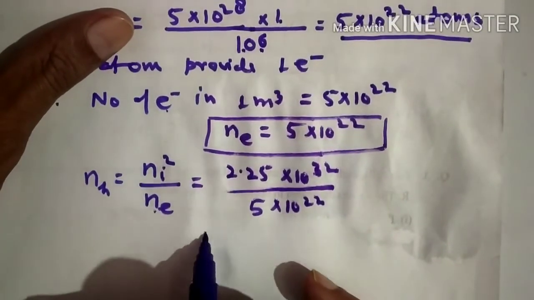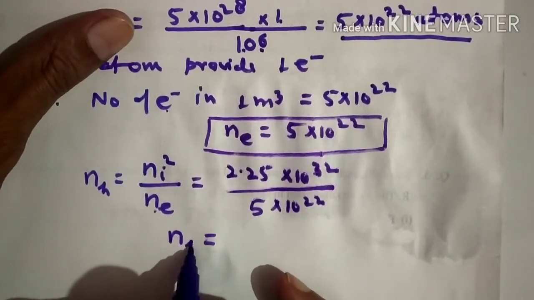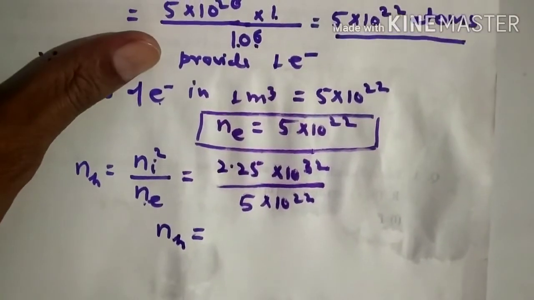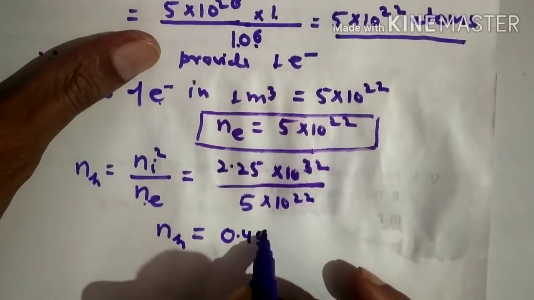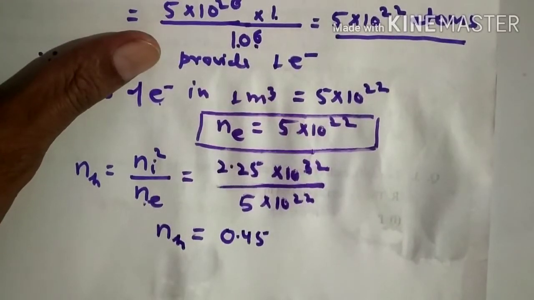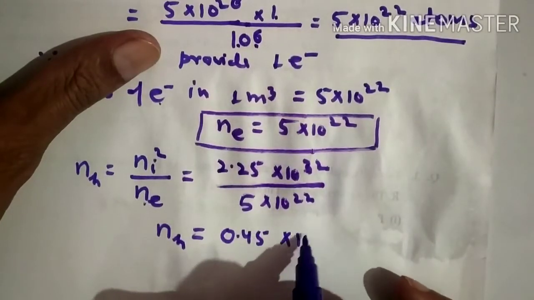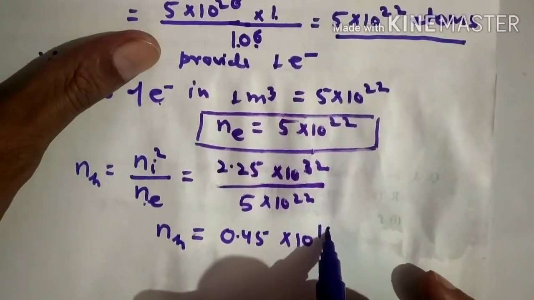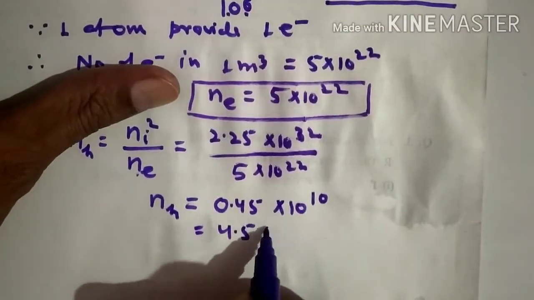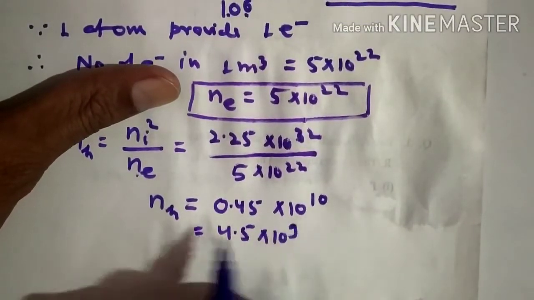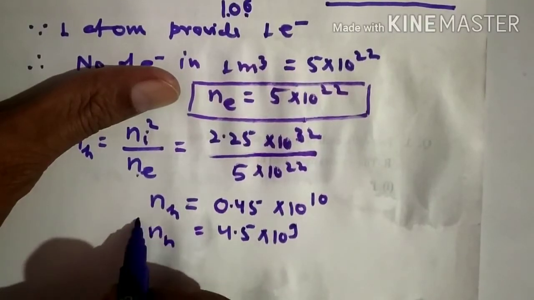If we solve, we find the number density of holes is 0.45 into 10 to the power 10, or we can say 4.5 into 10 to the power 9.